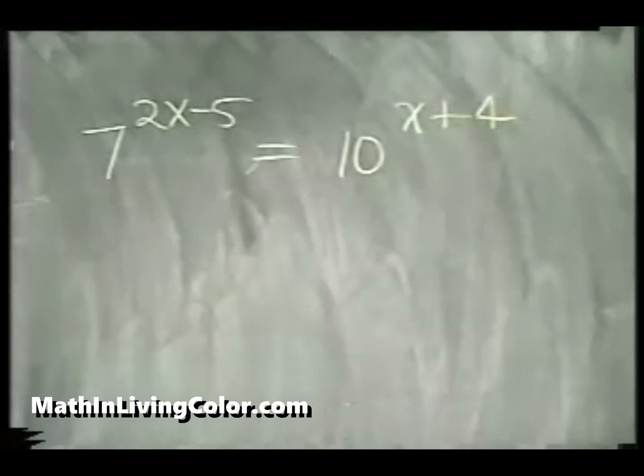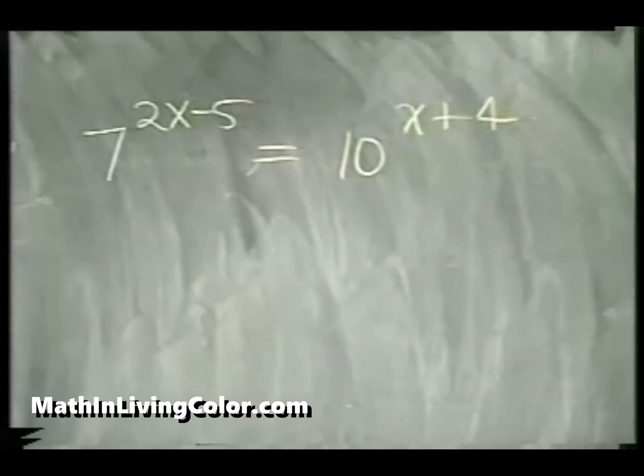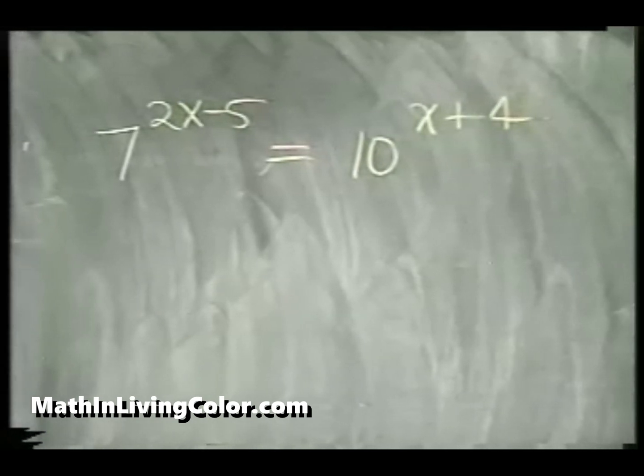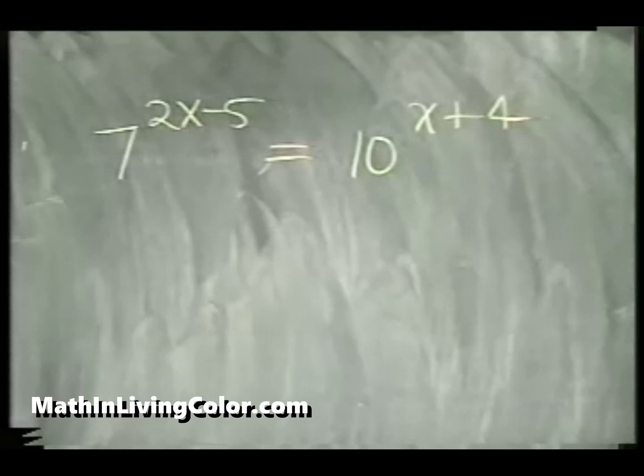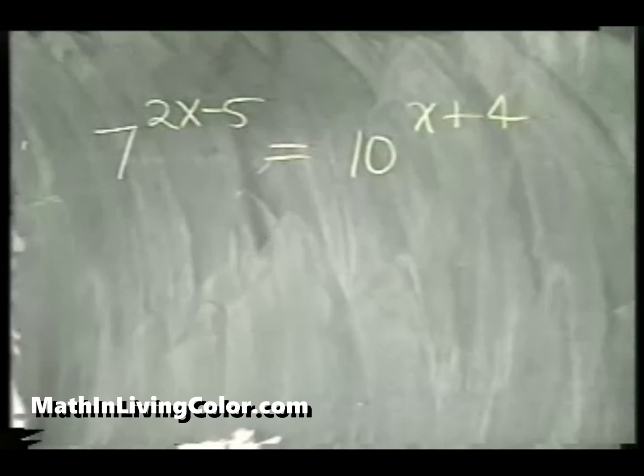Now, the problem is a number to a power and a number to a power. So what I want to do is bring this down from an exponential equation into a logarithmic equation. And I can do that by taking the ln of both sides, or by taking the log base 10 of both sides. So what I want to do is take the ln of both sides.